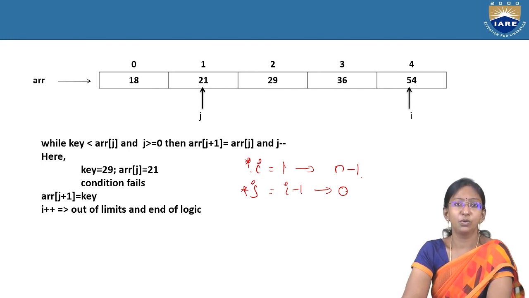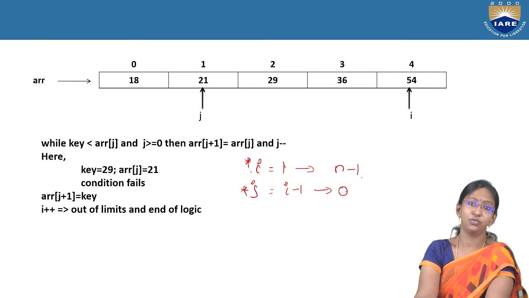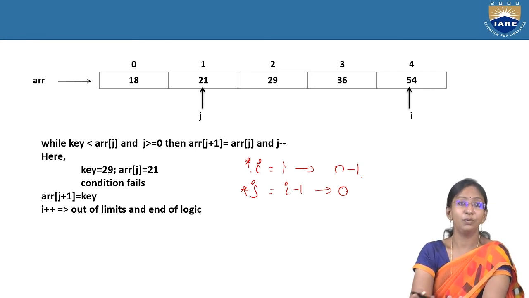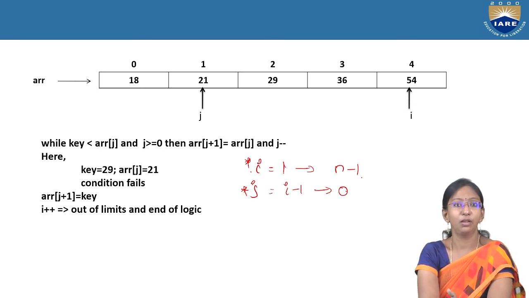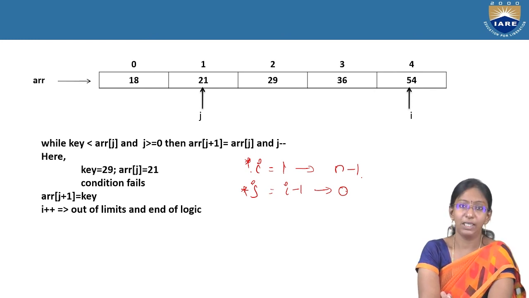Right? So this was a small introduction to data structures and what an algorithm is, how it acts as a backbone for a program, right? And what are the factors which influence an algorithm, followed by 2 searching and 3 sorting techniques.